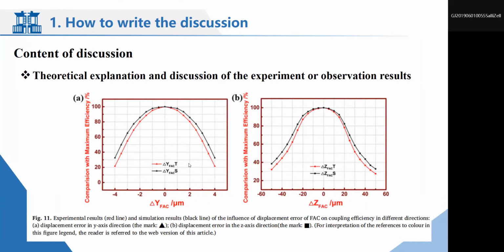Actually, when we look at the first one, the ΔY_FAC and the ΔZ_FAC. With the Y_FAC, you realize that the maximum efficiency grows quite sharply. It increases quite sharply to the 100% mark.